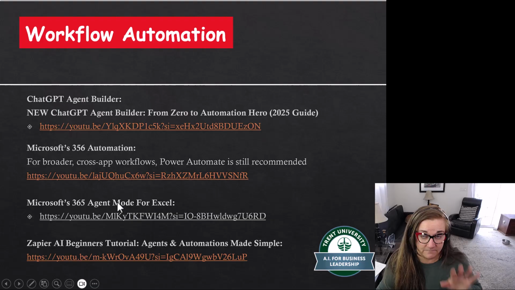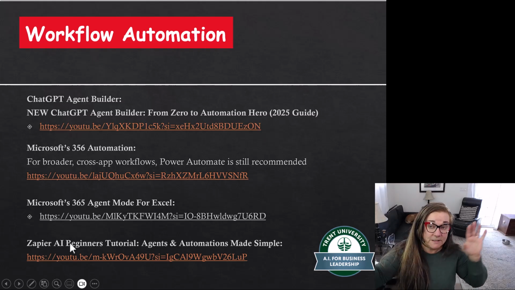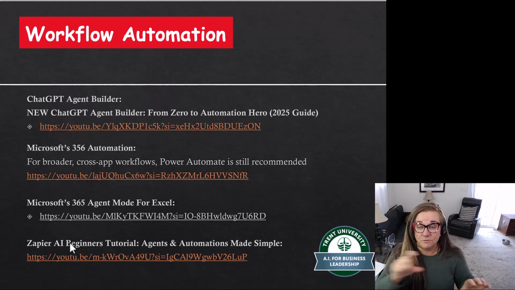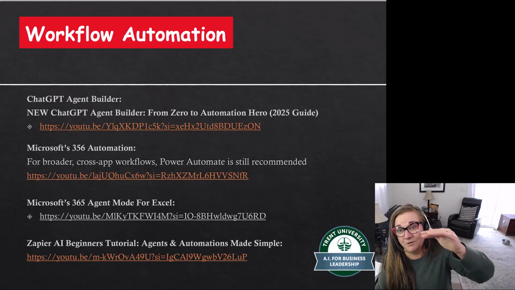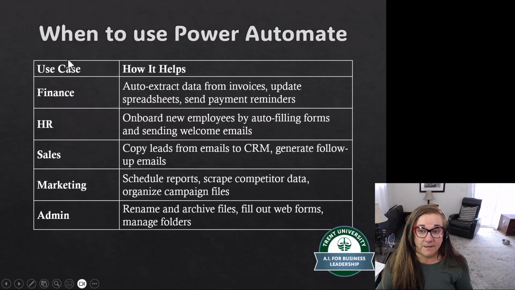And then finally, you've got Zapier, which takes you between different ecosystems and builds a bridge between those ecosystems. So these are all your different workflow automation tools, from basic to more and more advanced. When to use Power Automate?